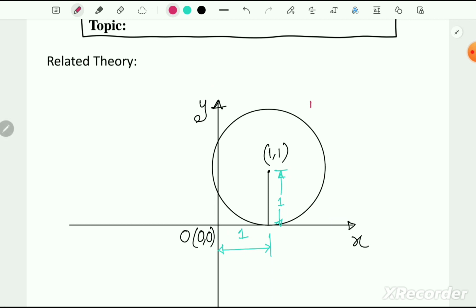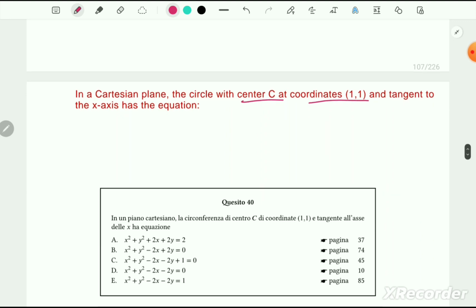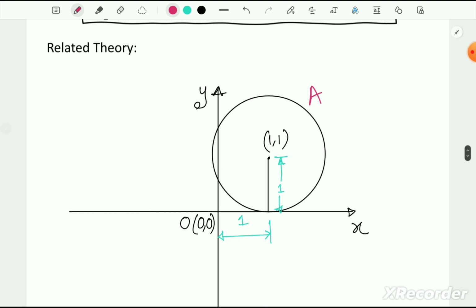A circle A, let's say A. Okay, it is not mentioned anyway. A circle A which has a center C and the coordinates of the center are (1, 1), and it touches the x-axis.